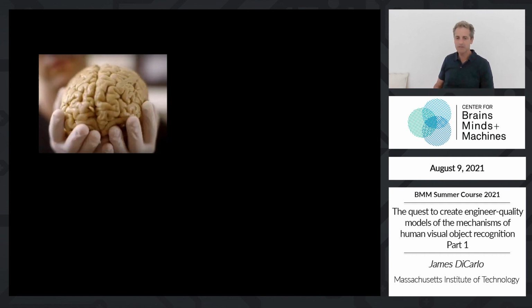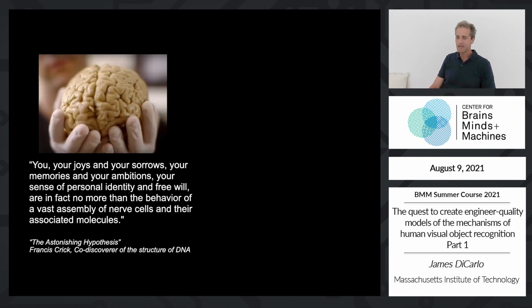So that was quite astonishing to him as a scientific goal, just understanding perception. And I think the other thing that's astonishing, to many people still today, is that this device here that you see now removed from its casing, this is a human brain, is really the seat of enabling that. So this is a quote, actually called The Astonishing Hypothesis, from Francis Crick, and I'll read it to you. He wrote, "You, your joys, your sorrows, your memories, your ambitions, your sense of personal identity and free will are in fact no more than the behavior of a vast assembly of nerve cells and their associated molecules."